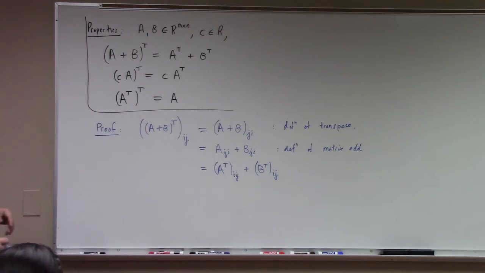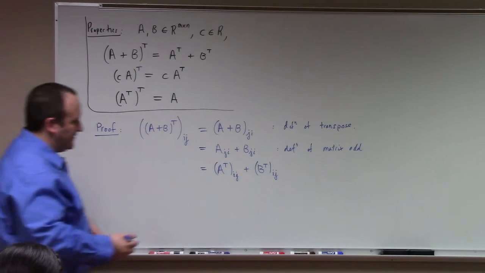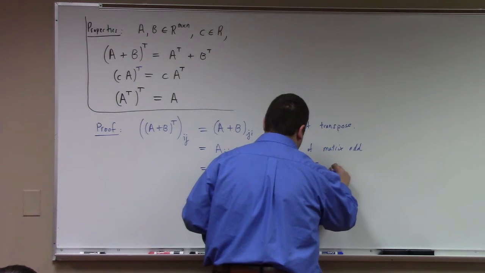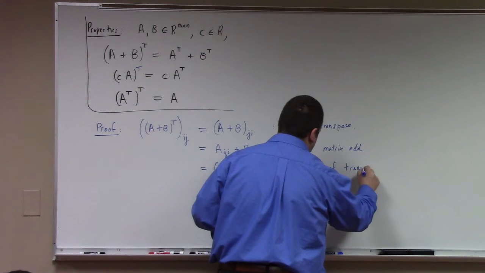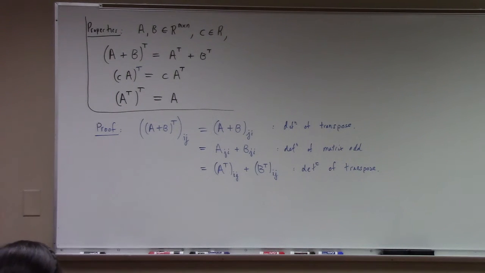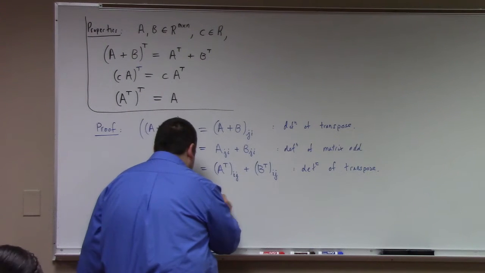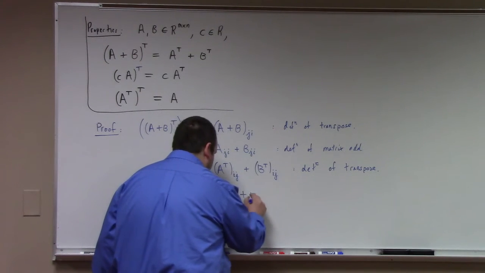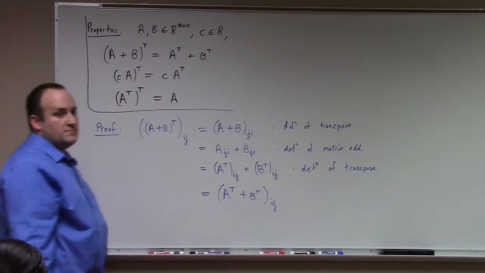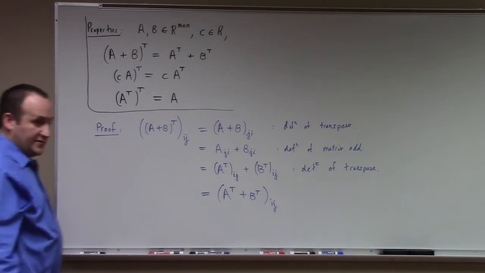So again, by the definition of transpose, I switched ji to ij, right? I went from Aji to (A transpose) ij. And then finally, the finishing blow, this is (A transpose plus B transpose) ij, again by the definition of matrix addition.